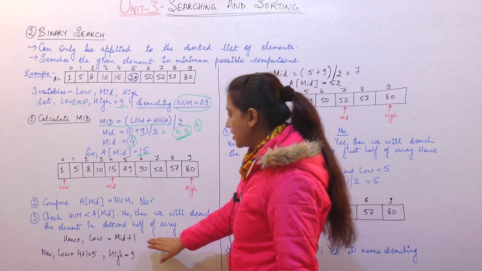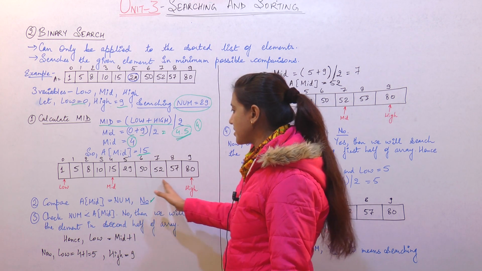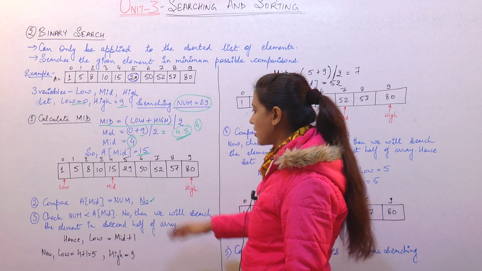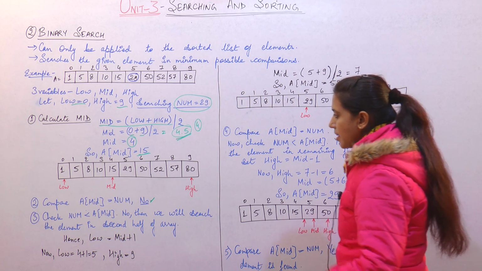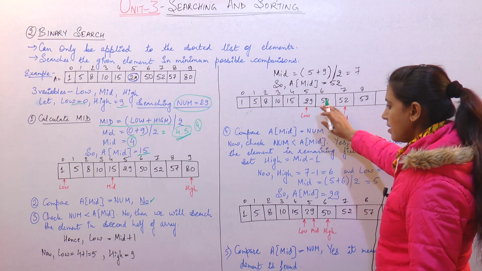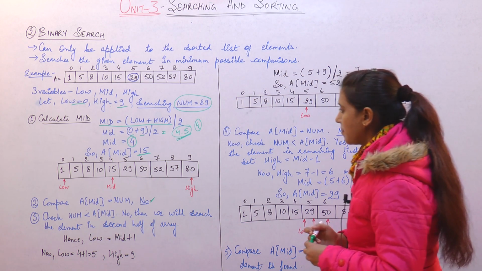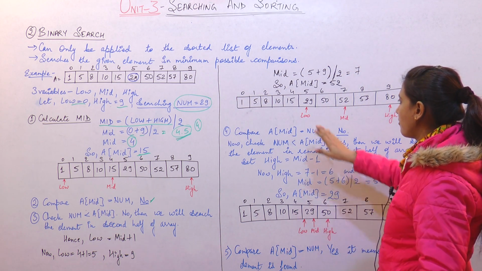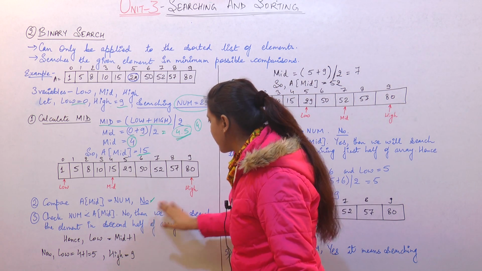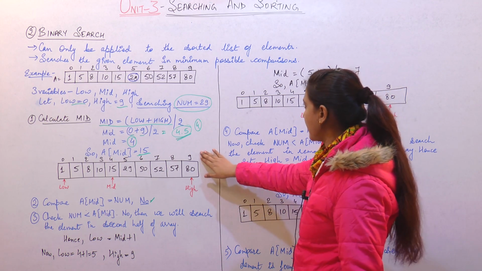For searching on the right side of the mid value, the value of low will become mid plus 1, because we are now considering the array to the right of the mid. Mid was 4, so low becomes 5, and the value of high remains unchanged at 9.